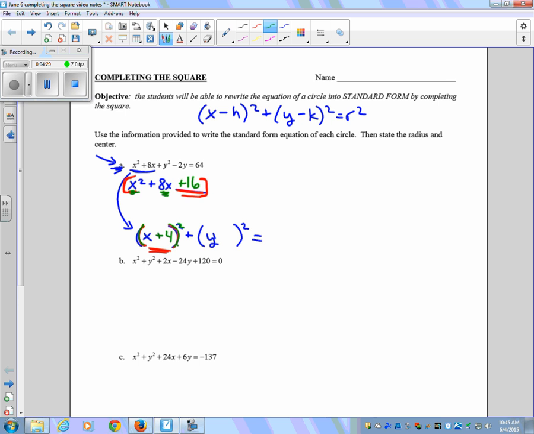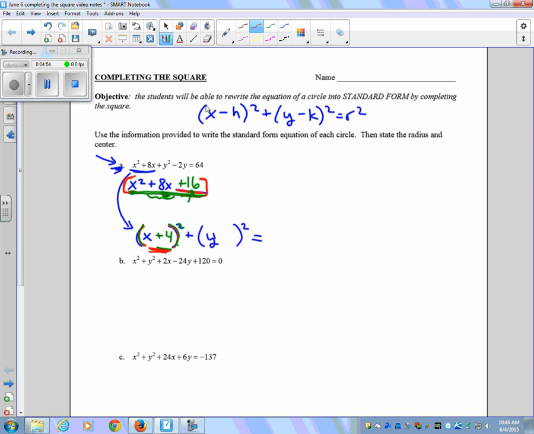So the trinomial that we would need is x squared plus 8x plus 16. Just to recap, we took half of the middle term, wrote it here, and then we square that and write it there. So half of 8 is 4. 4 squared is 16, so it's a plus 16.